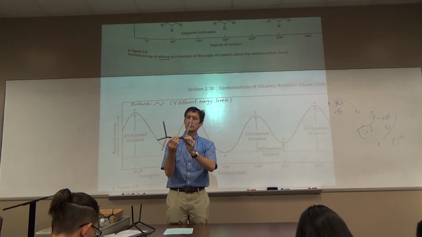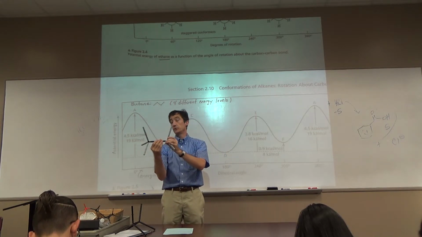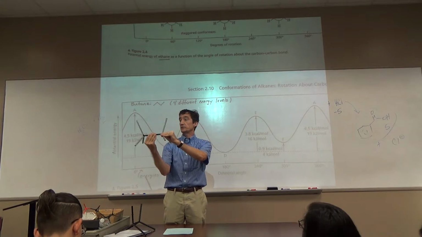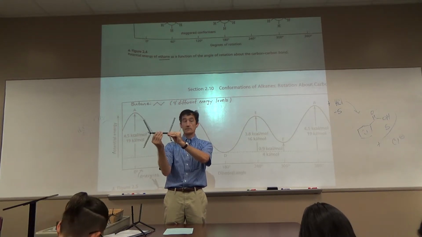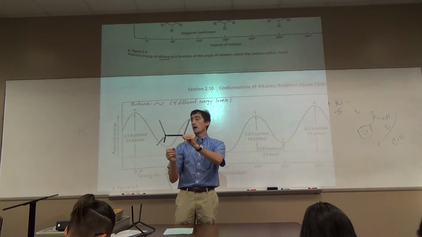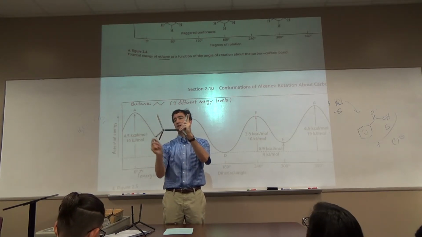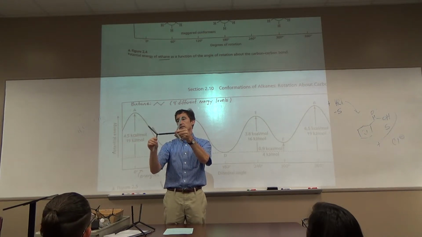And if it can freely rotate, you have a huge infinite number of conformations. As this rotates, that's a conformation, that's a conformation. They're all conformations. Well, what's the most preferred? For example, if this H is here, is this H going to prefer to be like that? Or maybe like that? Or what?